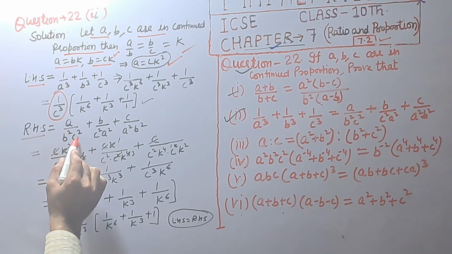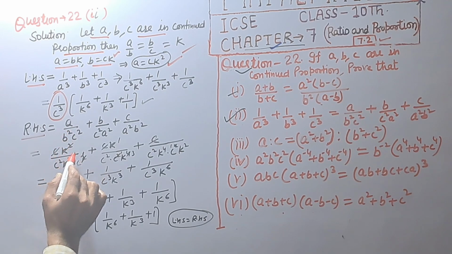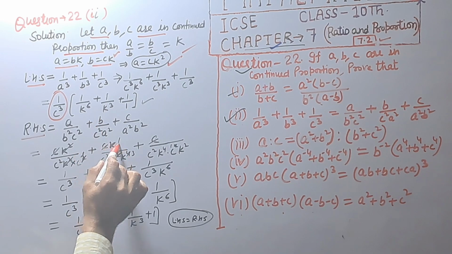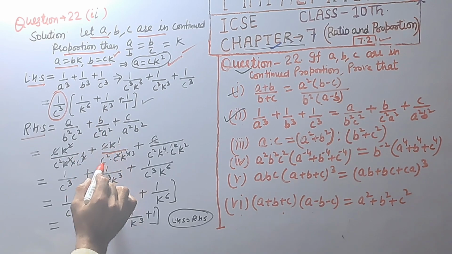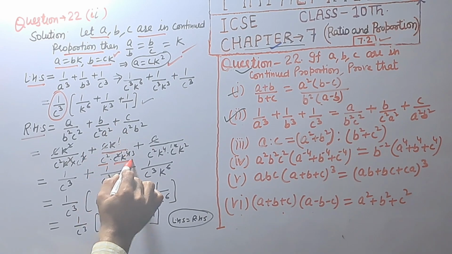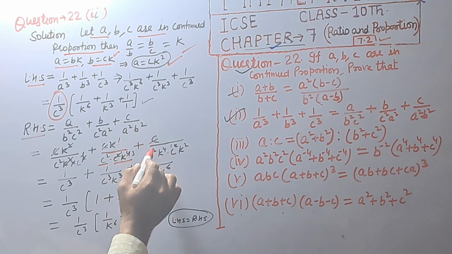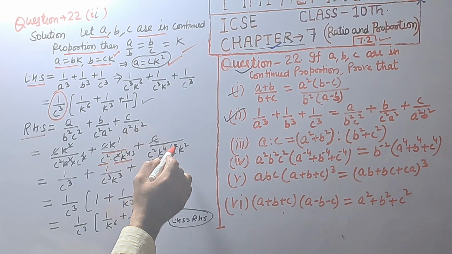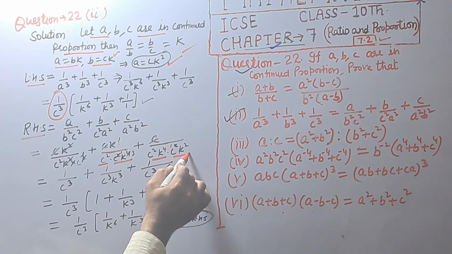a is equal to c k square, b square equal to c square k square and c square, plus b is equal to c k and c square equal to c square, a square is equal to c square k raised to power 4 plus c divided by a square is c square k raised to power 4 into b square is c square k square.